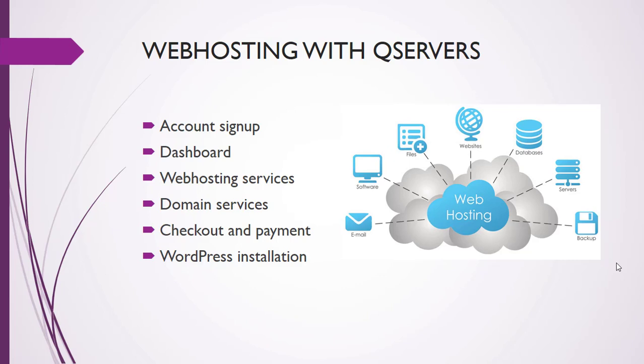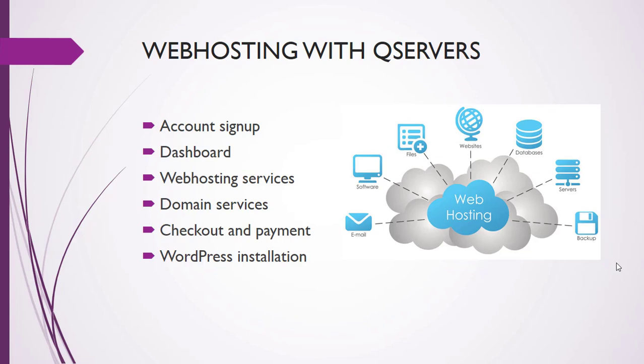This is a continuation of our last video where we examined how we can get our domain name and web hosting with Nigerian companies. So we'll be examining Q servers in this video. Then we are going to start with account sign up. Then we move to their dashboard where you'll see some of the tools you can make use of there.